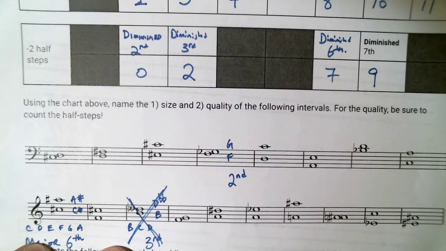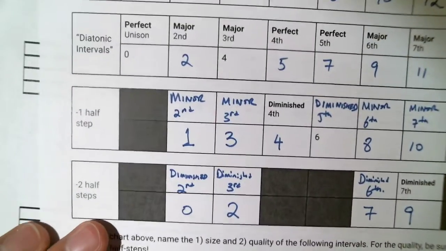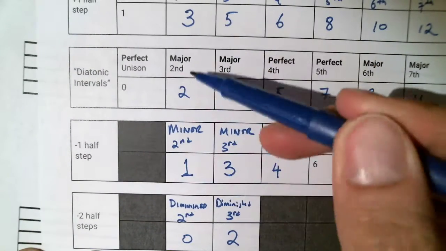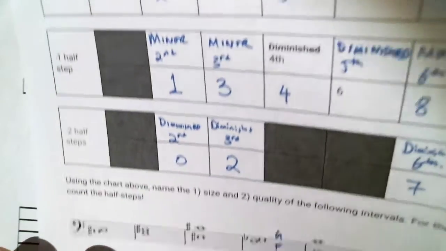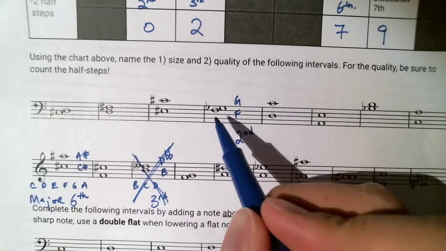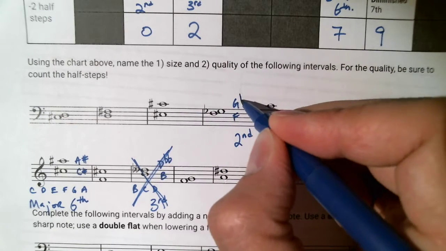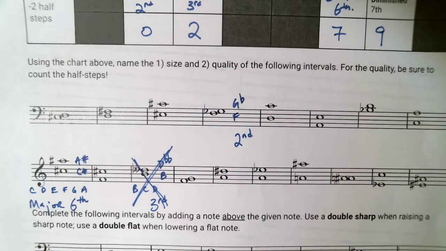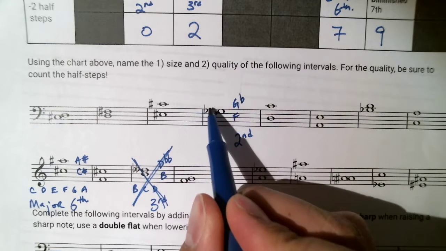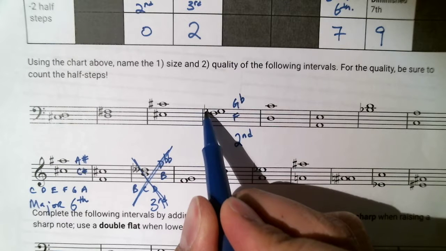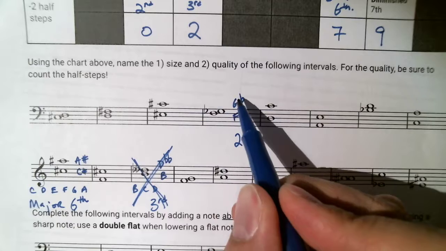The next thing, we have to find the quality. Remember that there are lots of different seconds that we figured out, and it depends on how many half steps there are. So naturally, the next thing we need to do is figure out how many half steps there are between these two notes. And this is where we're going to put the accidentals back in play. Remember that this flat is associated with this G because the middle of the flat is lined up with the G. So we're looking for how many half steps there are between F and G flat.